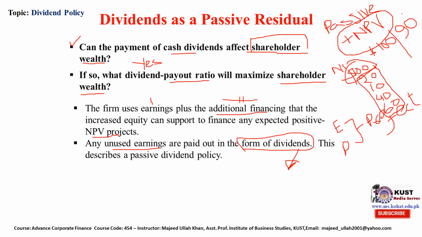Means 90% investment has been done. What is left is 10%. That is called residual. So this 10% is then paid out in the form of dividend. It is called passive dividend policy: the whole earning is first allocated to all positive NPV projects, and what is left is then distributed among shareholders.